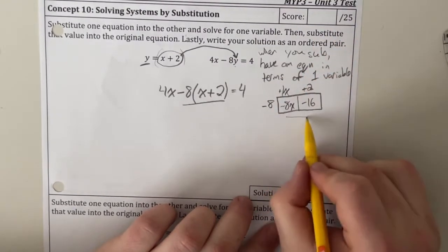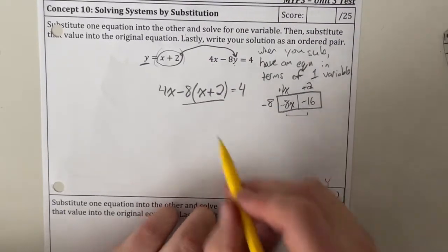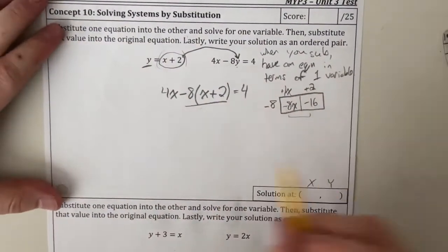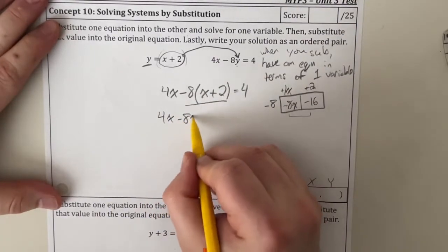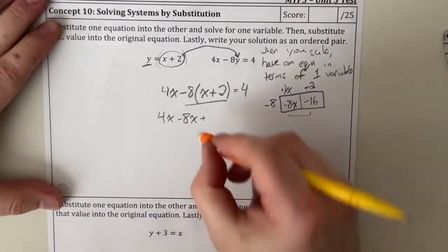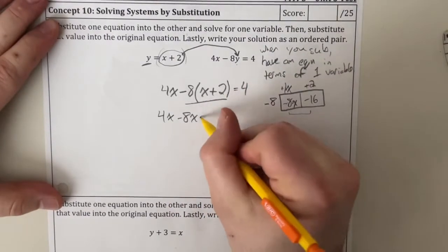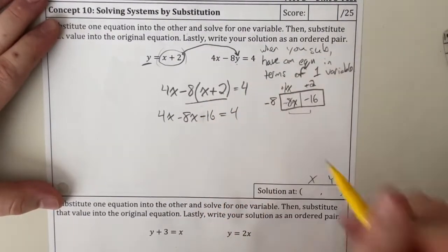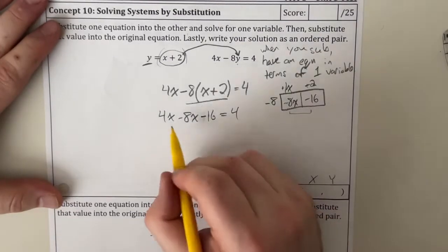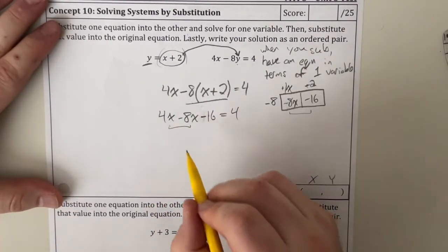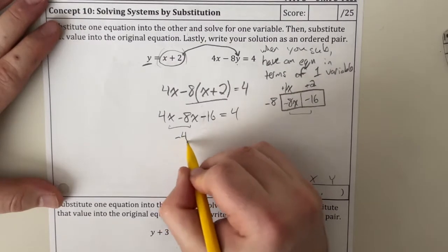Now I can say, okay, what I wrote in the box is what I can replace with those parentheses. So everything else stays the same. So I have 4x minus 8x minus 16 equals 4. Trying to combine like terms and solve for this variable x, so that I have 4x minus 8x is -4x.